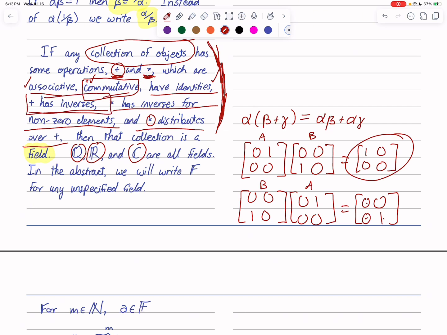What about multiplication for non-zero elements? That is to say, is it always the case that you can take some non-zero matrix, that would be a non-zero element in this example, is there always an inverse of a non-zero matrix? Famously, the answer is no. I'll let you write down an example, but the answer is no. So there's a second reason why 2 by 2 matrices do not form a field.